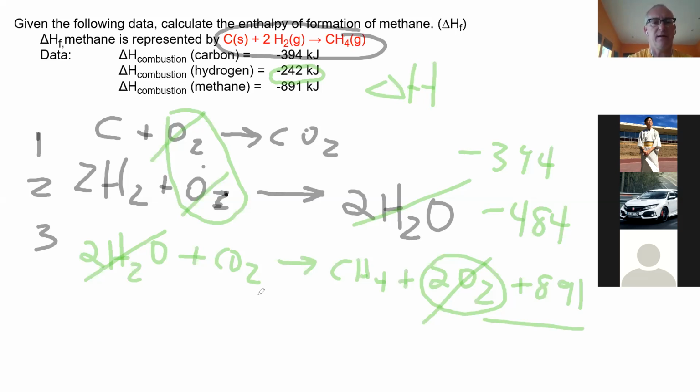CO2 is a product from oxidizing carbon, burning or combusting carbon. And when we reverse the combustion of methane, we're forming methane from water and CO2. So now it's gone on both sides. It's a reactant and a product. It's also an intermediate.